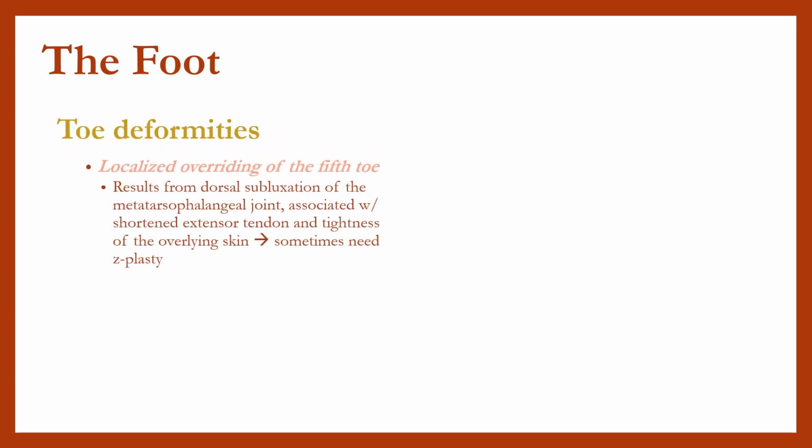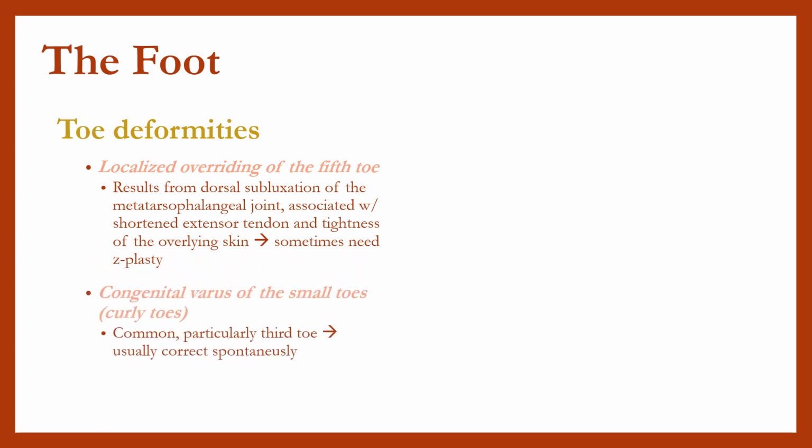For the foot, toe deformities: localized overriding of the fifth toe, or congenital varus of the small toes. The localized overriding of the fifth toe results from dorsal subluxation of the metatarsophalangeal joint, which is associated with a shortened extensor tendon and tightness of the overlying skin.